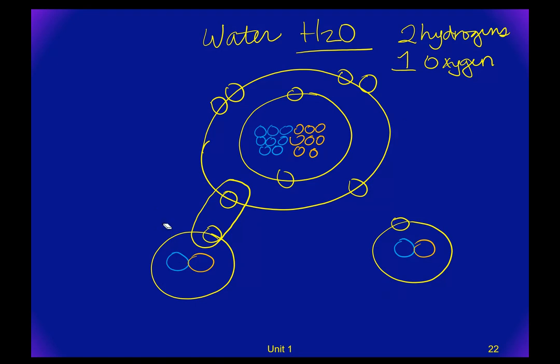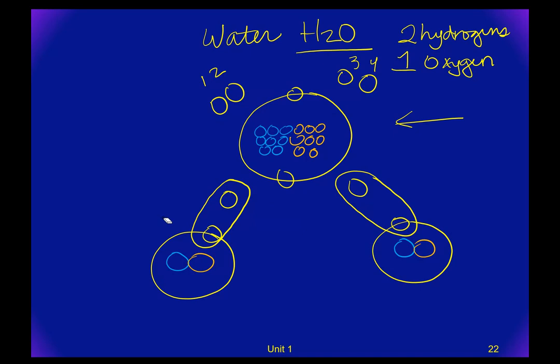So what do I do? Well, I share again, except I share over here. Now, this guy has 1, 2, 3, 4, 5, 6, 7, 8 in his outer shell, which makes him happy, right?